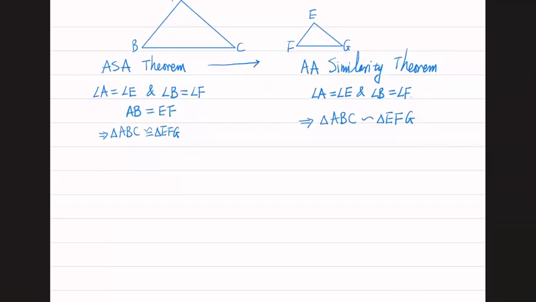The second one is the one we had in our homework, SAS.